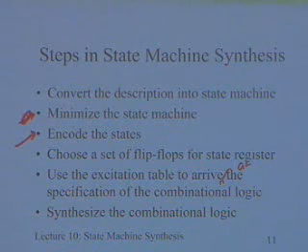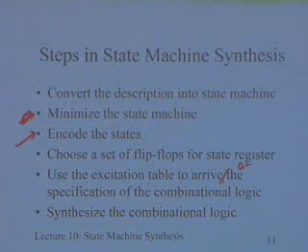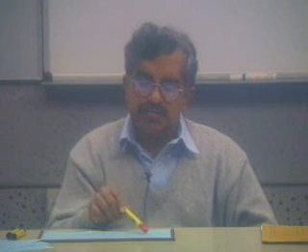On one hand, if you encode it with minimal encoding, you are ensuring that the number of flip-flops that you are using is small, but you do not know what is going to be the impact of this on the logic that is generated for realizing the next state, the state transitions. It may happen that one-hot encoding, which has more flip-flops, might be much simpler in terms of the combinational logic that is required to implement the state transitions.